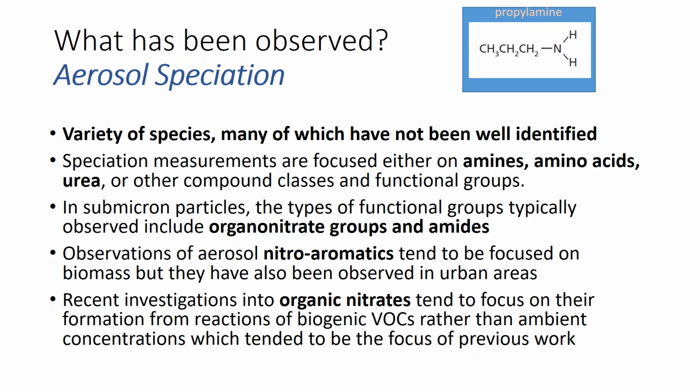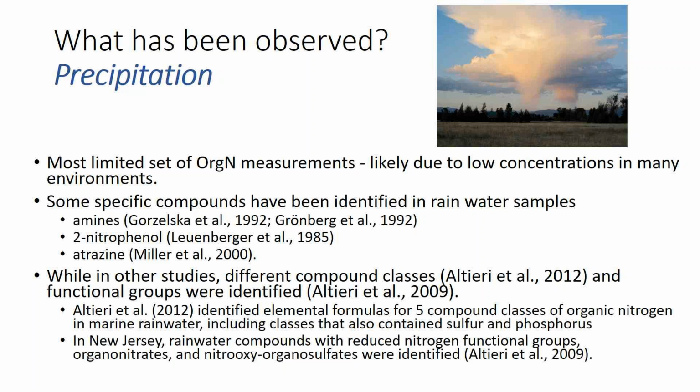That's pretty interesting, where they're looking at reactions of biogenic VOCs with NOx. Historically, the work on organic nitrates has more focused on ambient concentrations, but recently it's been a lot of laboratory work. And if we think about precipitation and what we've seen for speciation, this is really the most limited set of organic nitrogen measurements. This is due to low concentrations in many environments.